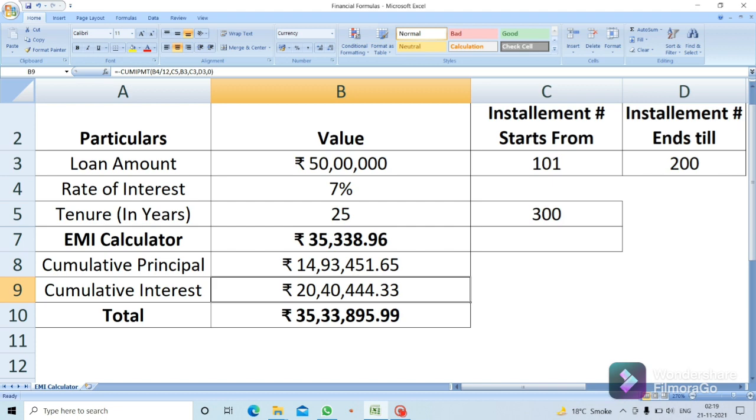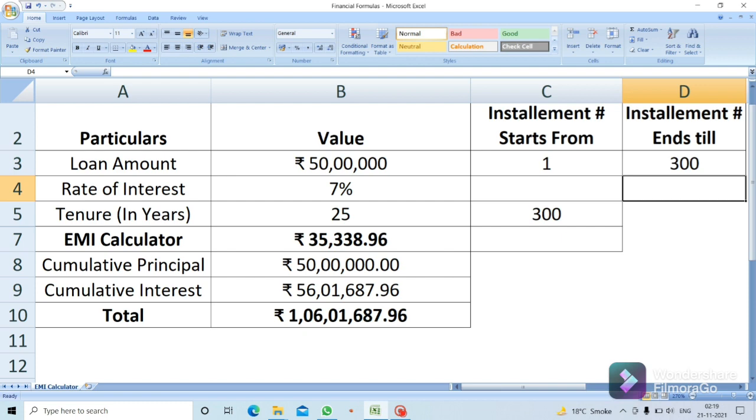If we want to know how much I have paid till my last installment from the very beginning, we can enter 1 here, and the last installment would be 300, because the total number of installments was 300. After this installment my entire loan will be paid off and no amount will be outstanding.